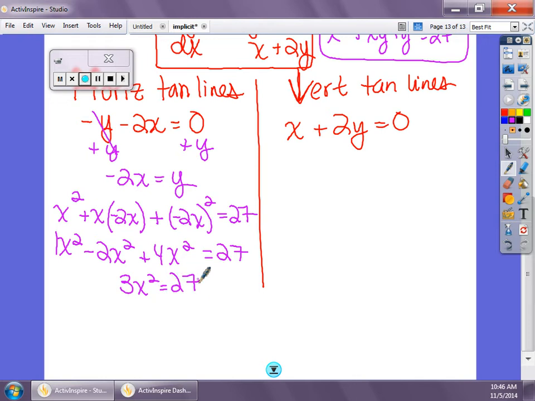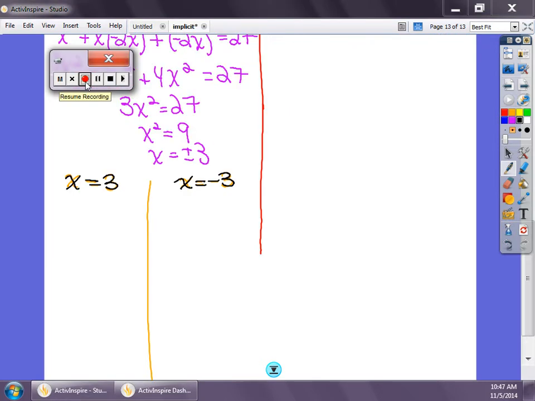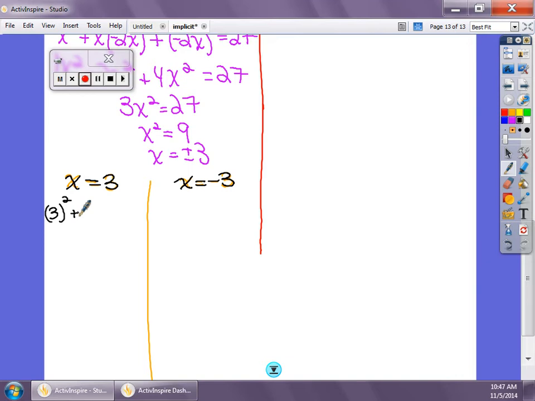Divide by 3 on both sides. X squared equals 9. X equals plus or minus 3. So I plug back into the original equation, right? Original equation. So I get 3 squared plus 3y plus y squared equals 27.